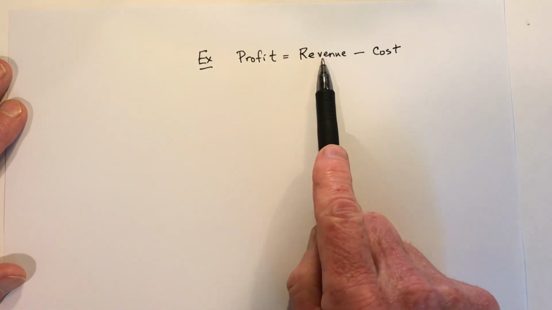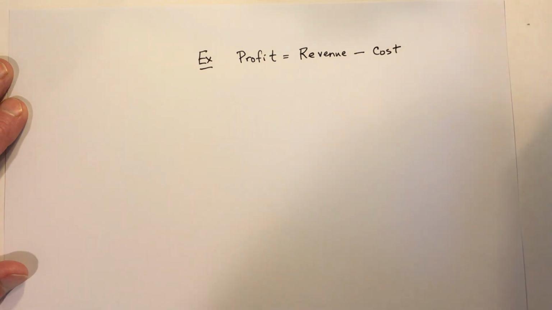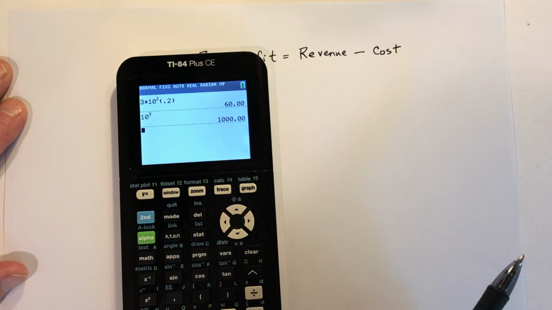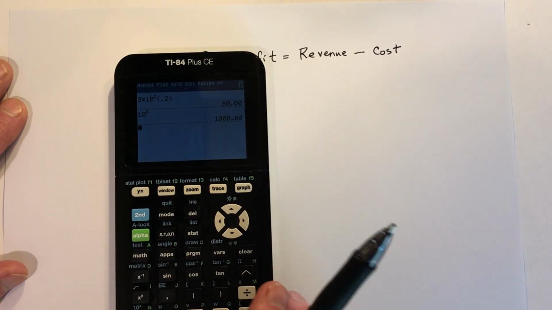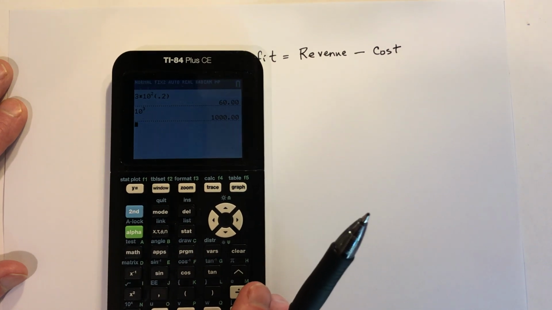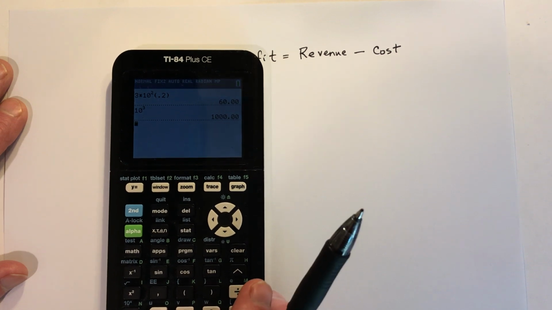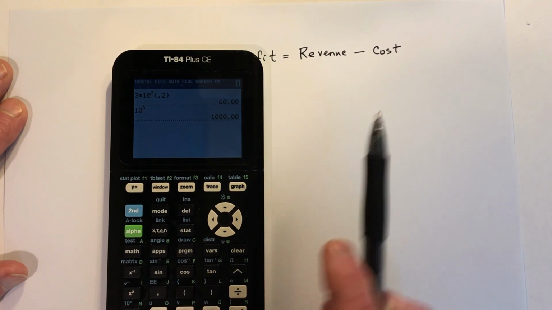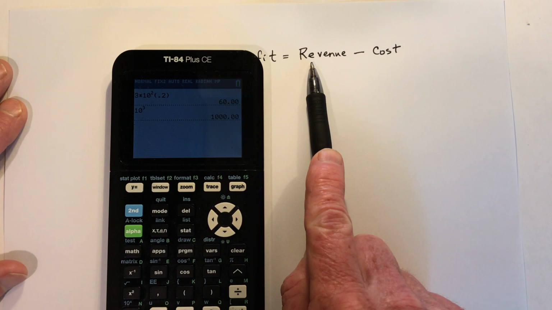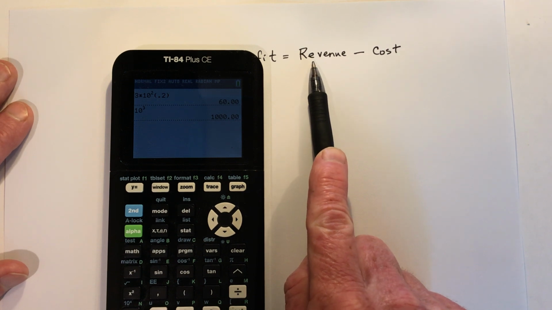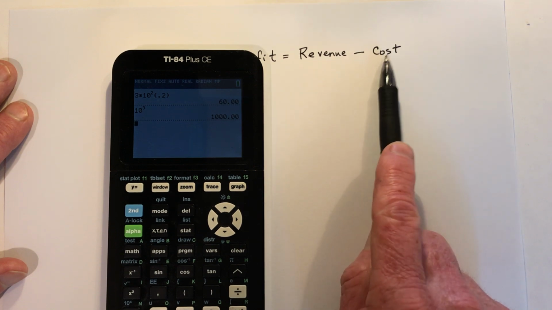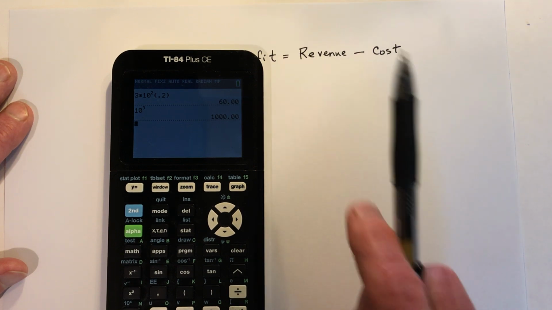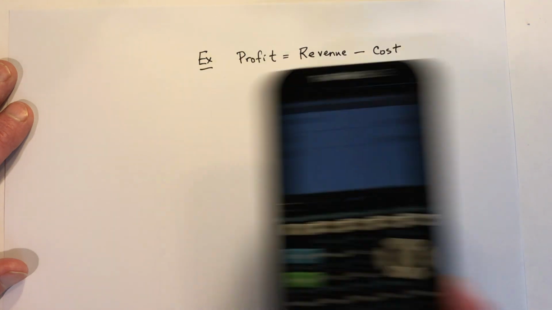So if you were the manufacturer of a calculator and you want to sell it, you could say, all right, we're making $100 per calculator. So that's going to be our revenue, $100 each. And it only cost us $20 to make these things. That means 100 minus 20, they would be making $80 in profit.